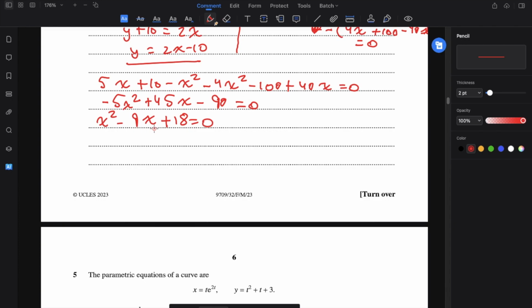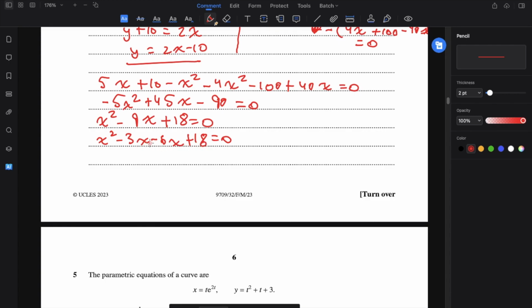From here we split the middle term. So with x squared and 18, we have to find two numbers that multiply to 18, and since the signs are the same, positive, positive, they should add up to 9. On the top of my head, I can think of 3 and 6. So x squared minus 3x minus 6x plus 18 is equal to 0, because when you add 3 and 6 together, it becomes 9, and when you multiply 3 and 6, it becomes 18.